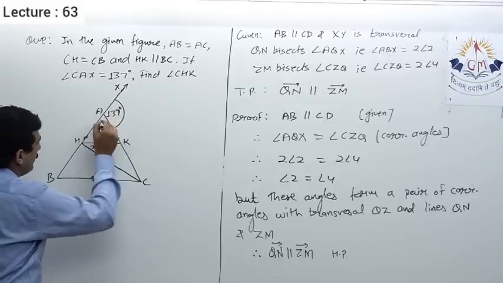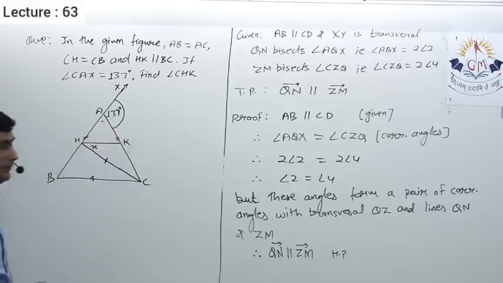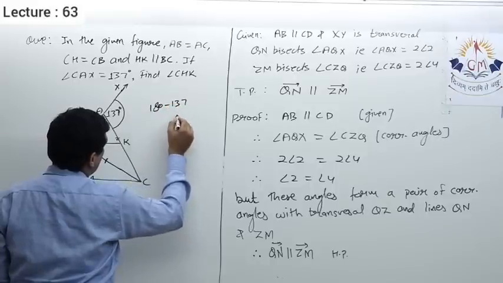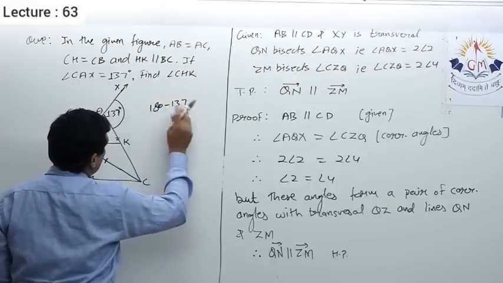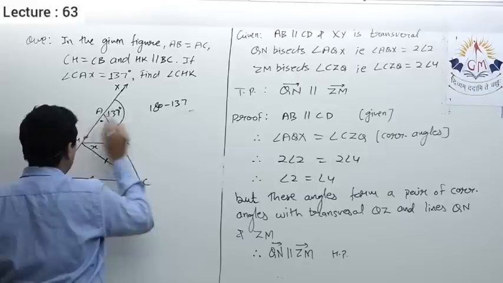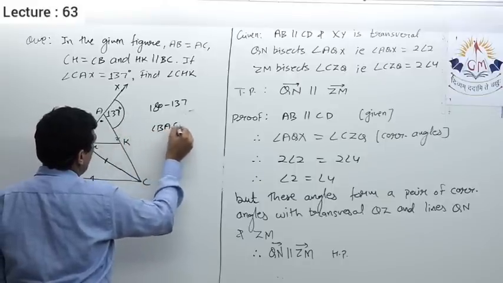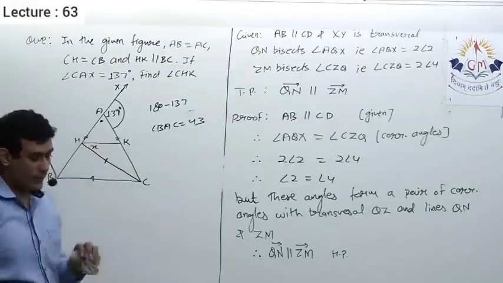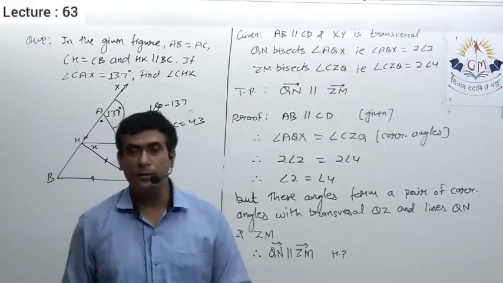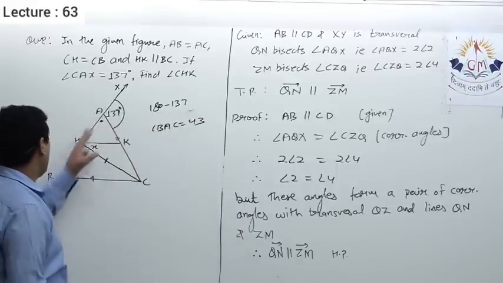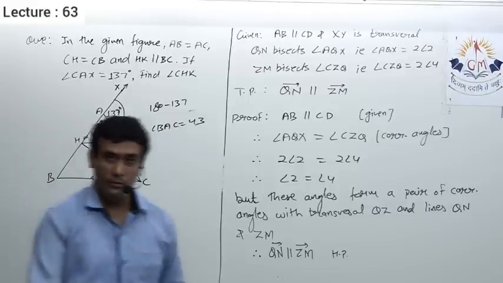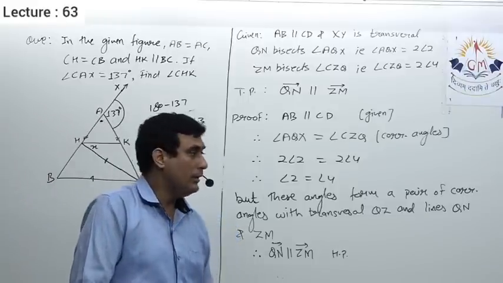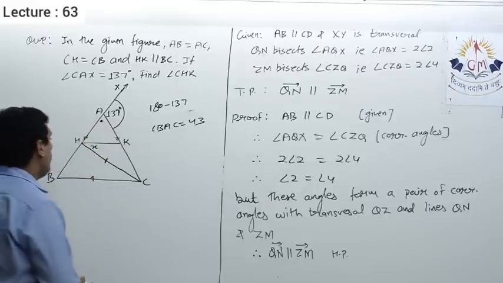This angle is 137, so first we'll find this angle. Now this will be 180 minus 137, that is 43. So we get angle BAC equal to 43. Now it is given AB equal to AC, so ABC is an isosceles triangle, and in an isosceles triangle, angles opposite to equal sides are equal.